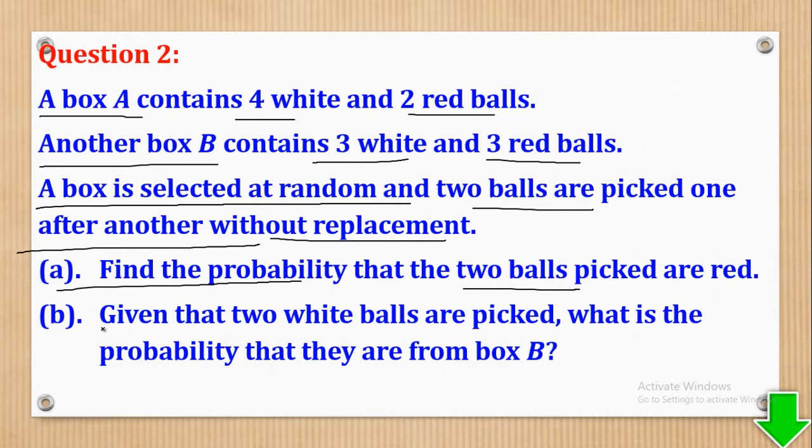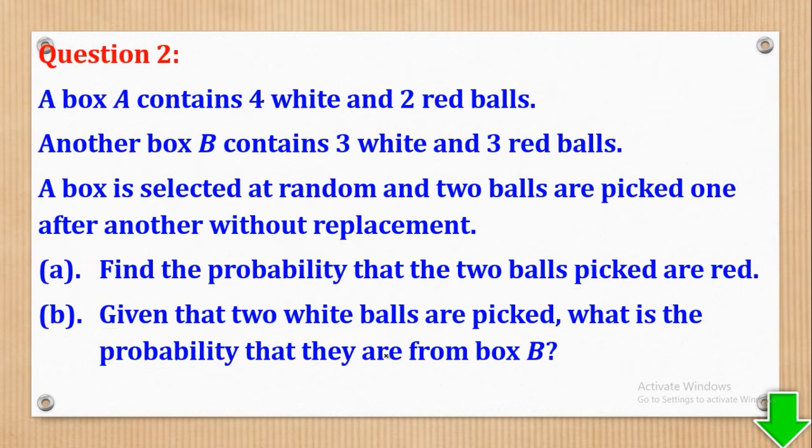And Roman 2, given that 2 white balls are picked, what is the probability that they are from box B? So this has already occurred and they want this probability. So let's start with part A. So here you shall need a probability tree diagram.